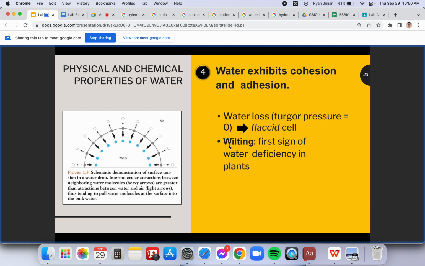Ang wilting po sa Tagalog is yung paglanta ng halaman, which is the first sign of water deficiency that occurs in plants. Because wilting can also be the result of a deficiency in the nutrients that a plant can obtain from the ground or from the soil, not only from water. There are many factors to be considered when wilting occurs in plants aside from water deficiency, or scarcity of water in general.